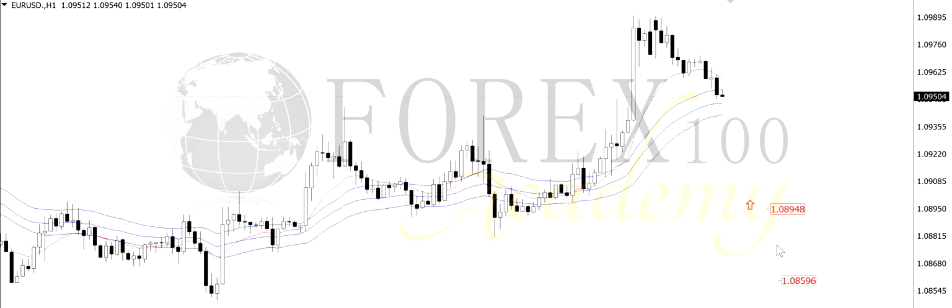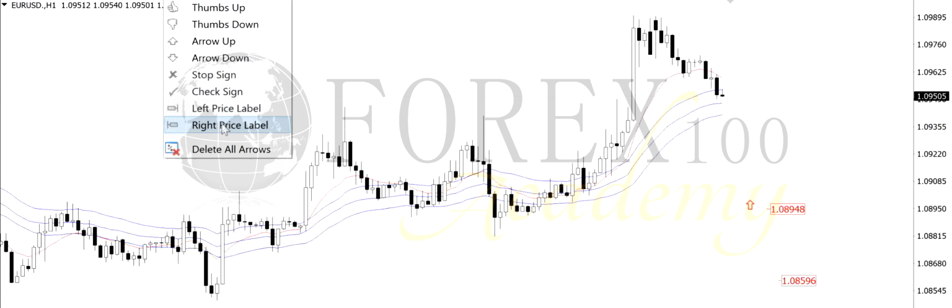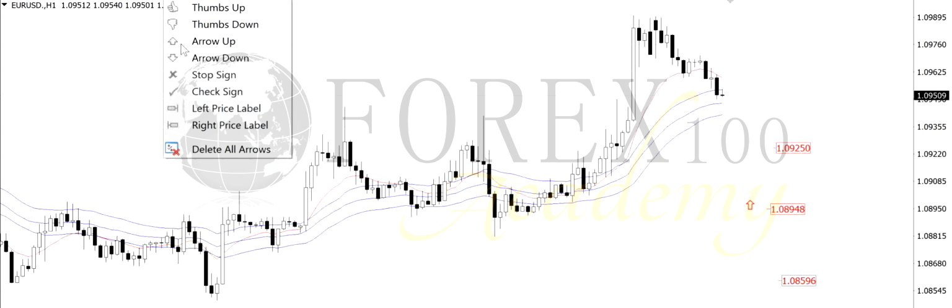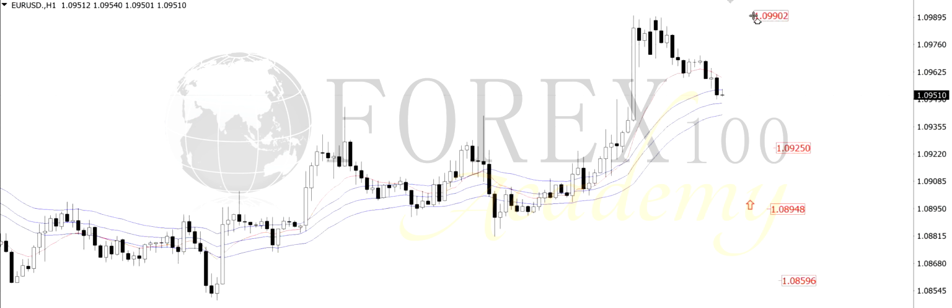Of course, my target one, where I shift my stop loss, will be at this price, 1.0925, and the final take profit level will be at 1.0989. That's for euro dollar.